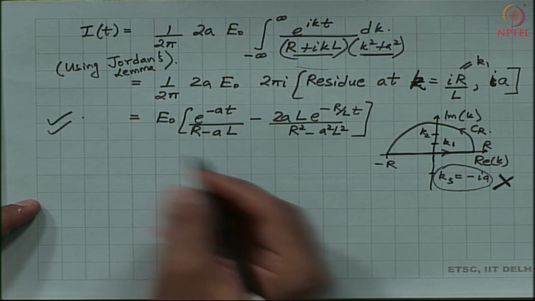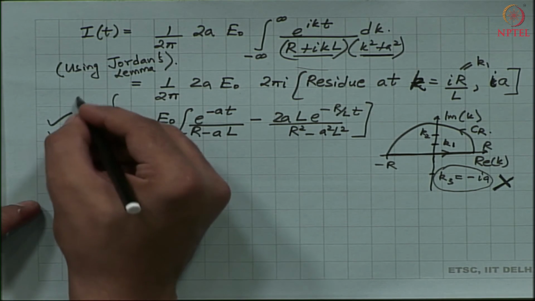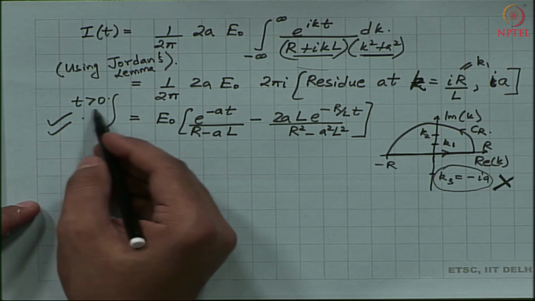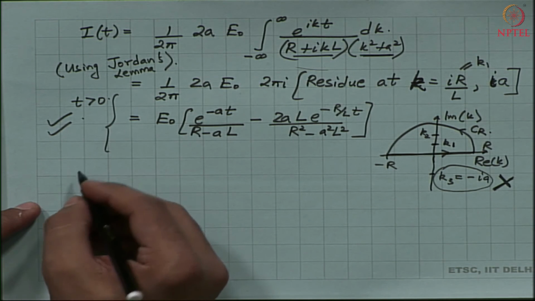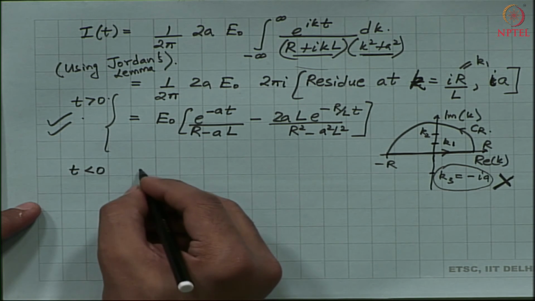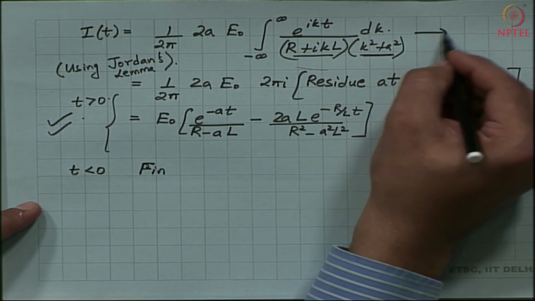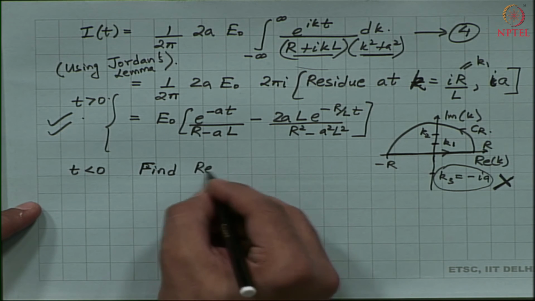Now, this was the case when t was positive. Well, if t is time, then t of course needs to be positive, but suppose t is a variable, an independent variable, we could also have t negative. So, in that case we have to calculate, let us say this is our integral 4, the residue.